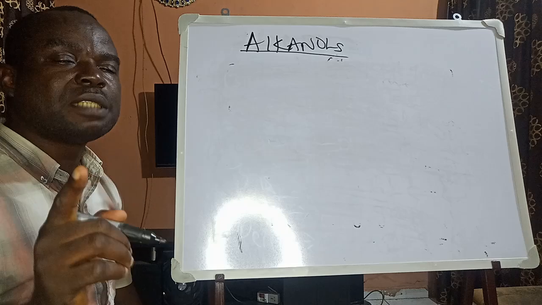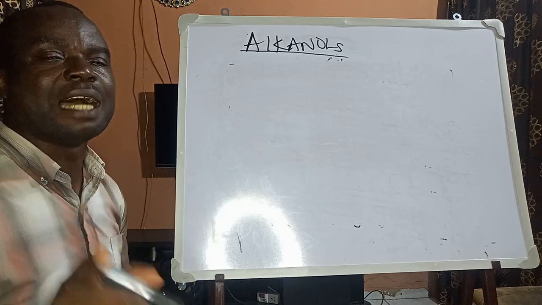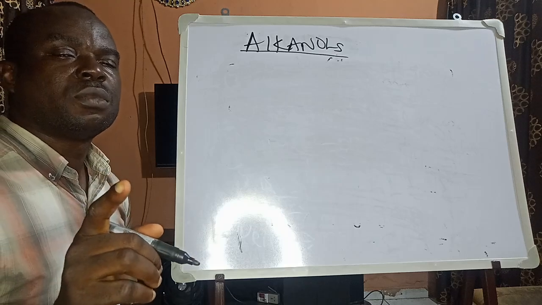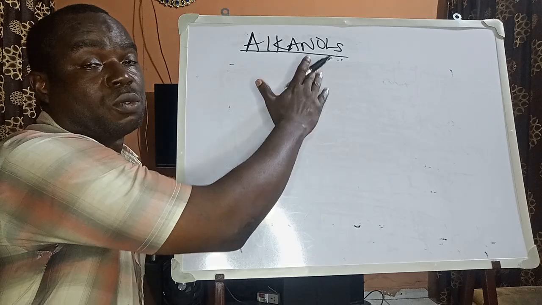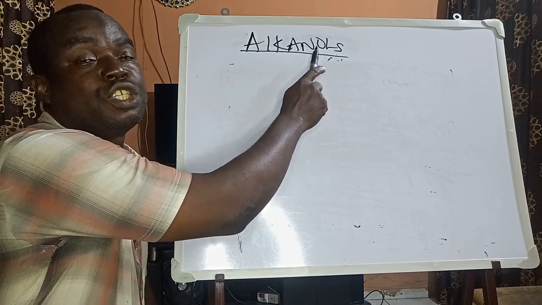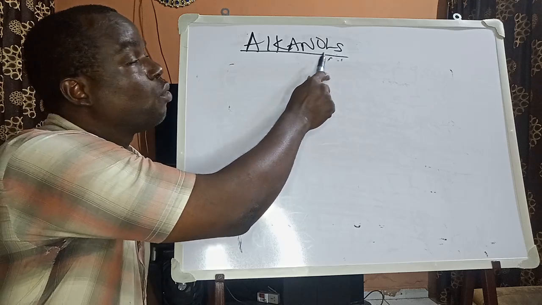Now, one thing I want you as a student to have in mind is that looking at this spelling of ALKANOLS, this N, which is OL, if you remove the S, that's the plural. But look at the OL.